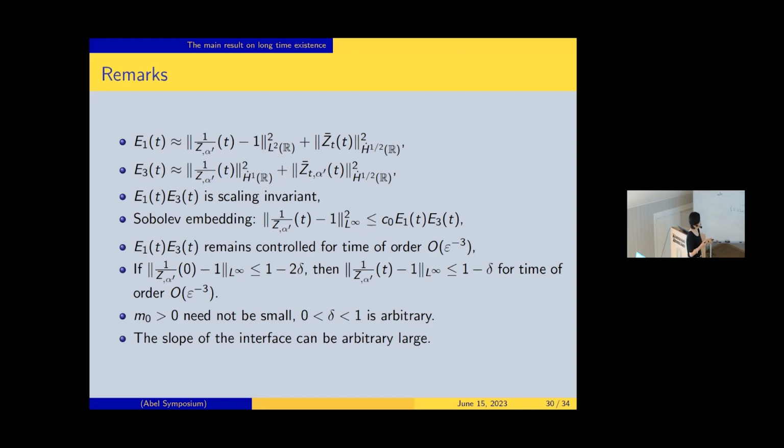So if this quantity is strictly less than 1 initially, then we are able to show it remains less than 1 for time of this order by using this Sobolev embedding. So M0 does not need to be small, and delta less than 1 can be as close to 1 as possible, or close to 0 as possible. This means that the slope can be arbitrarily large.